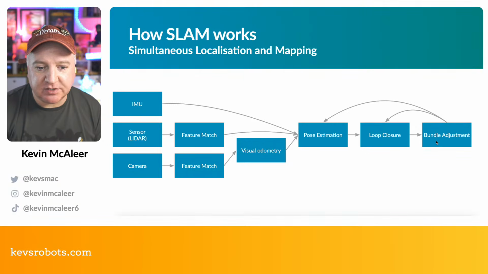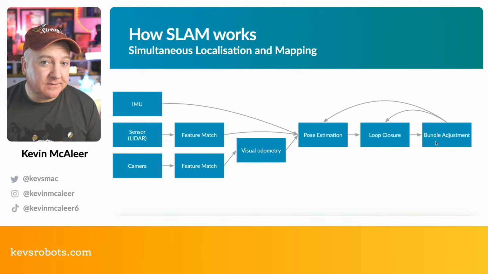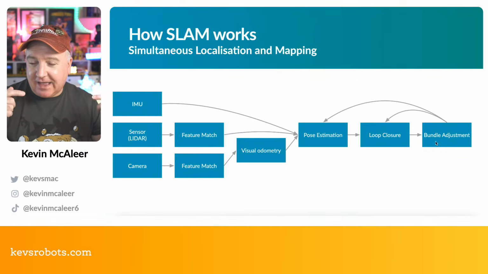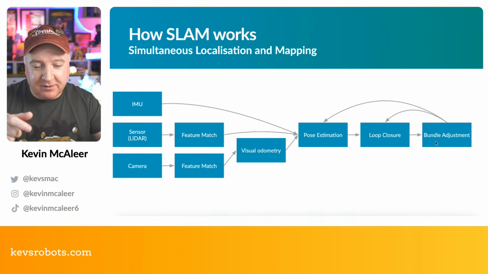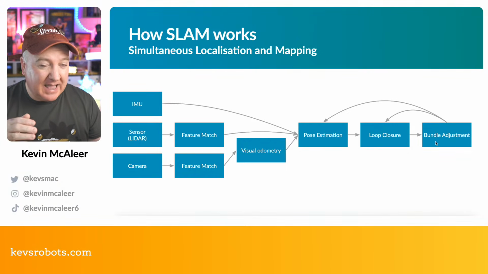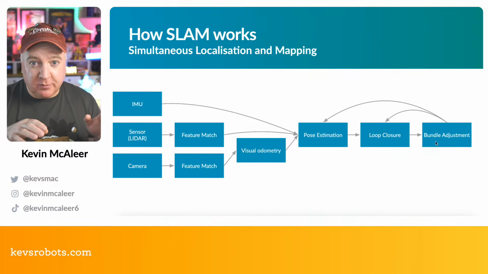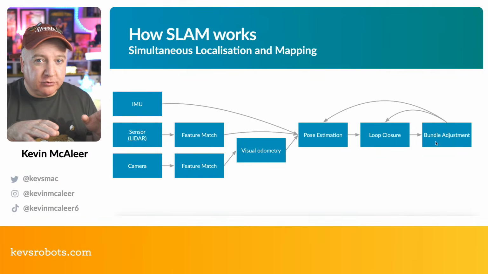And then bundle adjustment prevents drift. So if you go for dead reckoning on a robot, so you've got some encoders on your robot's wheels, it's moving forwards, but it doesn't really know, has it actually moved forward? Has the wheel slipped? If you just use that kind of IMU data and odometry data, you'll find over time your robot will drift on the map.